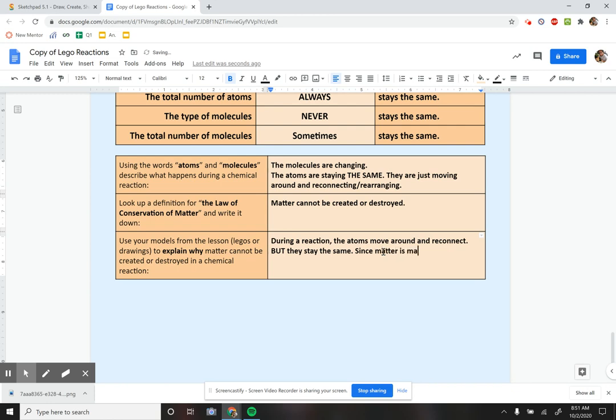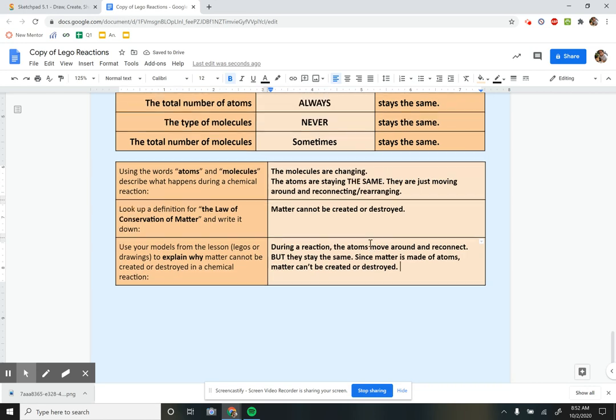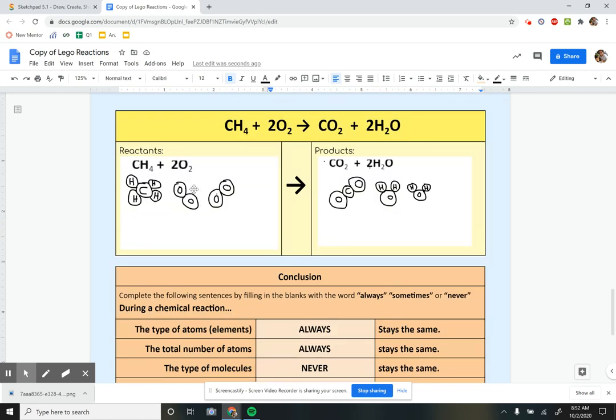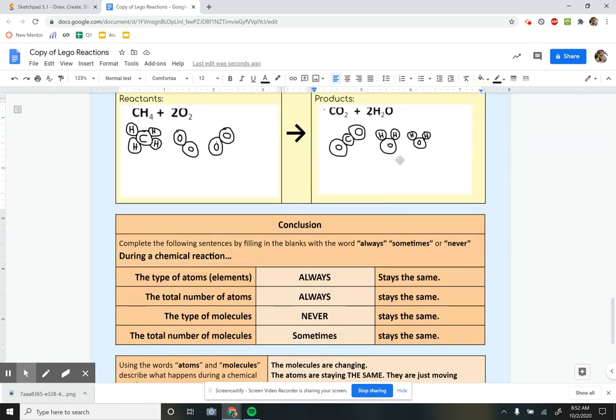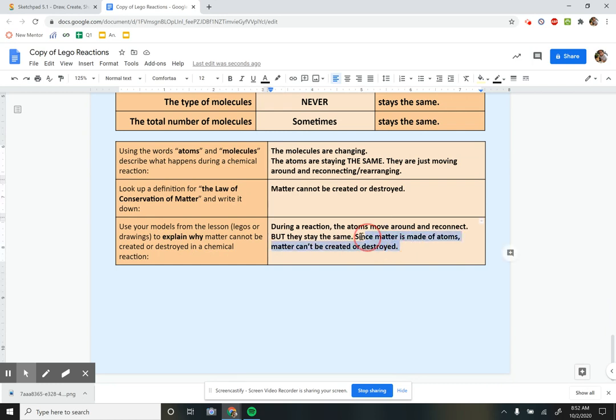Since matter is made of atoms, matter can't be created or destroyed. Okay, so basically what I mean by that is if all the atoms over here during a reaction are the exact same as all the atoms over here, we didn't destroy any atoms, we didn't create any new atoms, those atoms stayed the same even if they were reconnecting in a different way. So because of that, we'll say, well, matter can't be destroyed because matter is made of atoms. And if those atoms are staying the same, that means the matter is still there, okay?